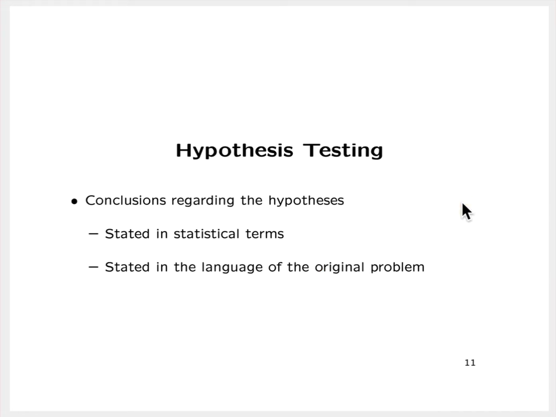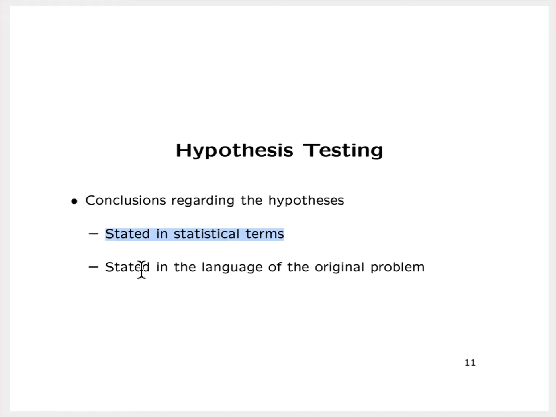And then we have the conclusions regarding the hypotheses. And for the purposes of this class, I will typically ask you to state the hypotheses in a couple different ways. The first, I'll ask you to state the hypotheses in statistical terms, in terms of the parameter or parameters that are being tested.